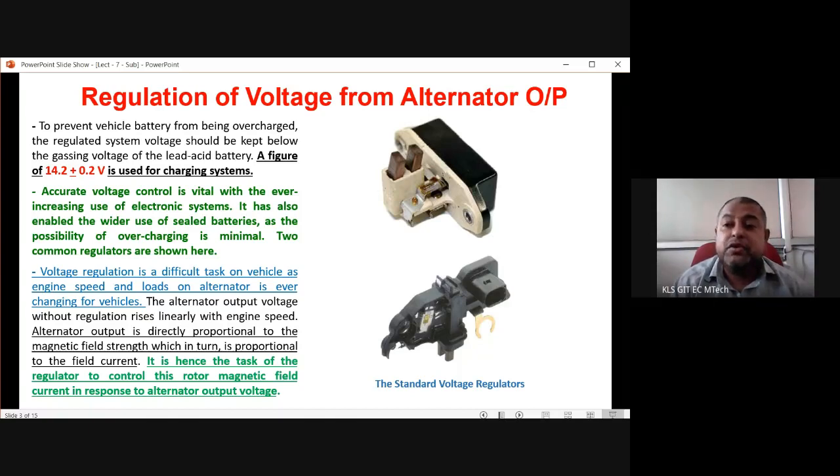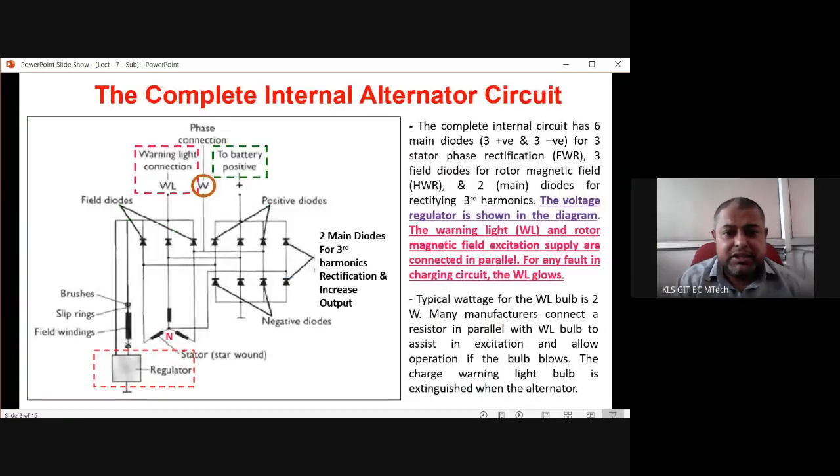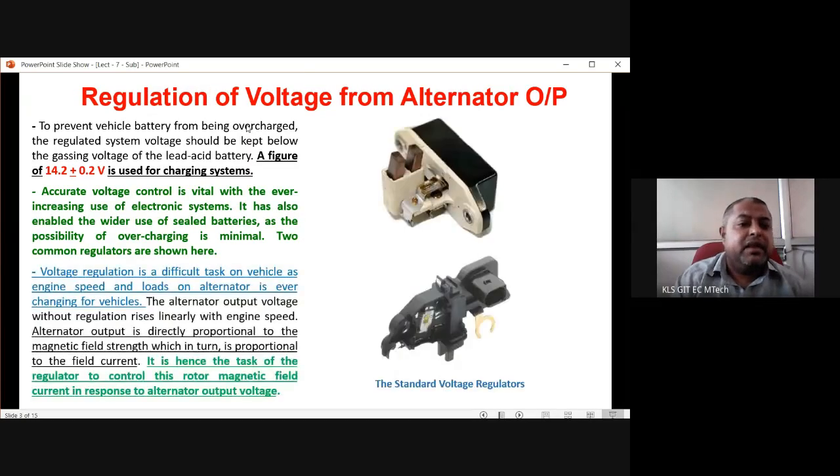We are getting two voltage sources, batteries of 12 volt each, and from the battery DC, this point is creating 14.2 plus minus 0.2 volt, and this is going and charging the battery.